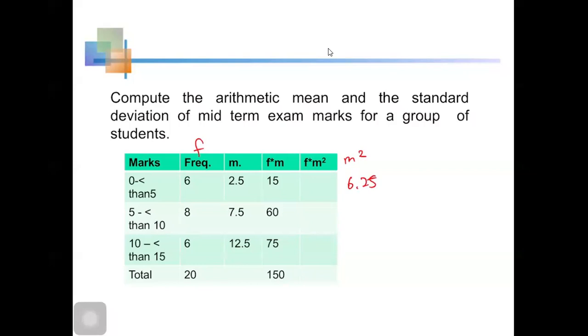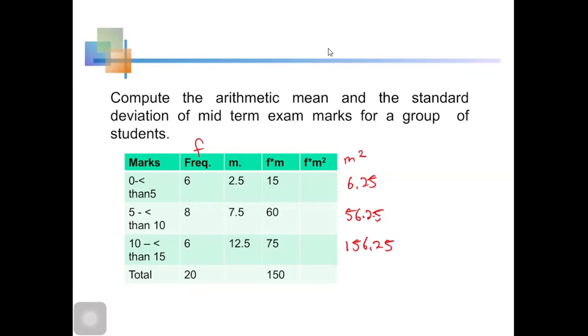Then 7.5 times 7.5 will be 56.25. Then 12.5 times 12.5 is 156.25. Okay, so this is the M square.